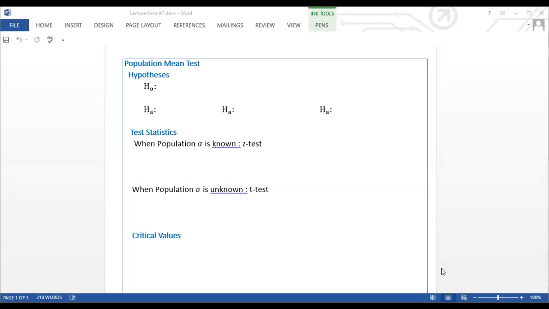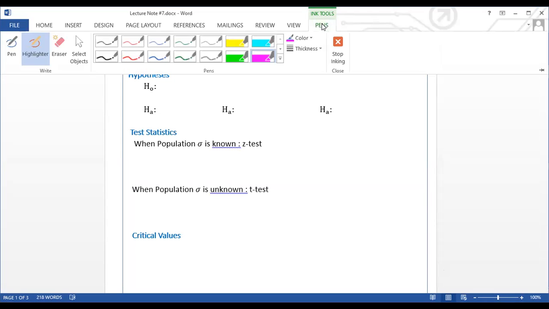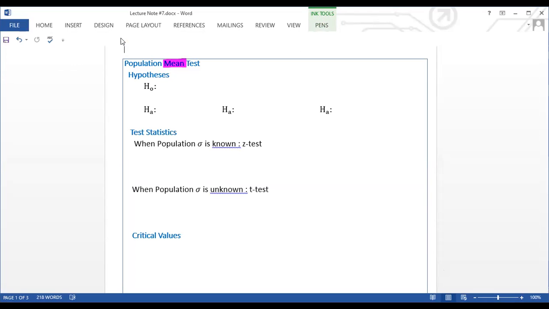We talk about the population mean. In our previous hypothesis testing, we were testing the population proportion, like the example we used: the percent of smokers in a population that is 30% smokers, or the percent survival rate for a new drug.